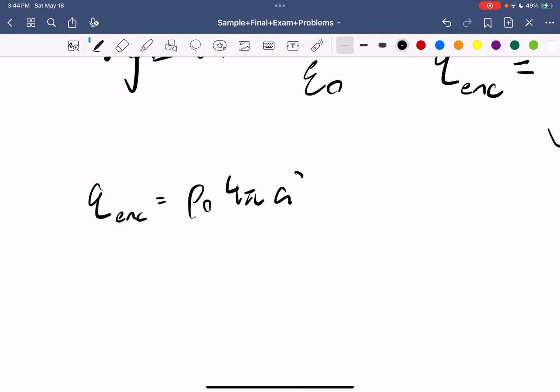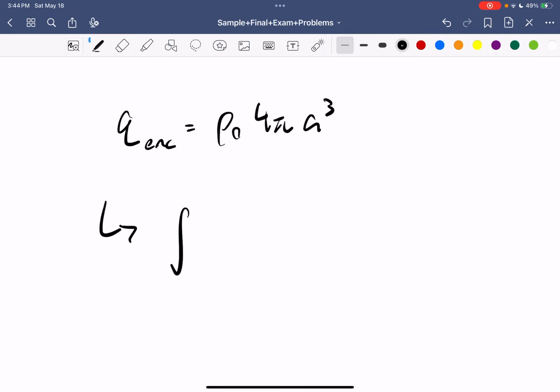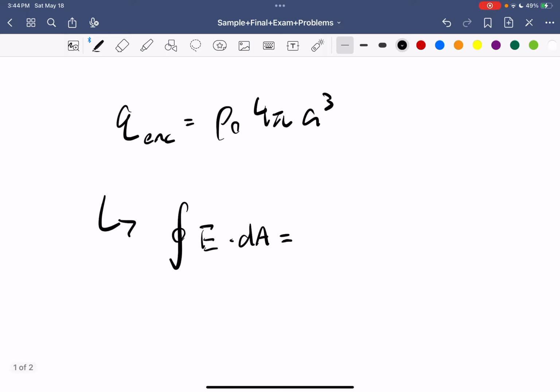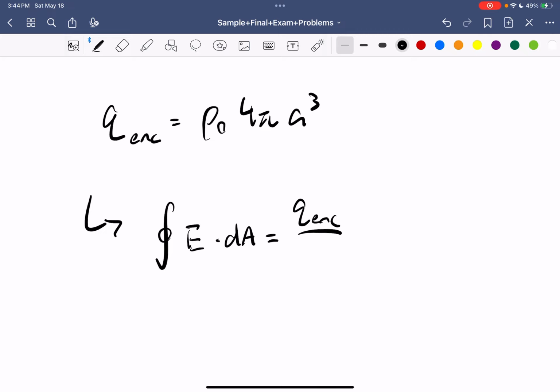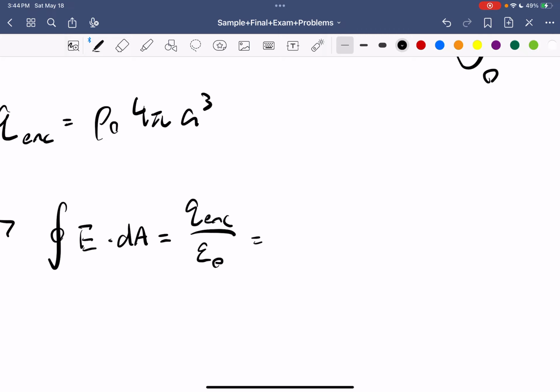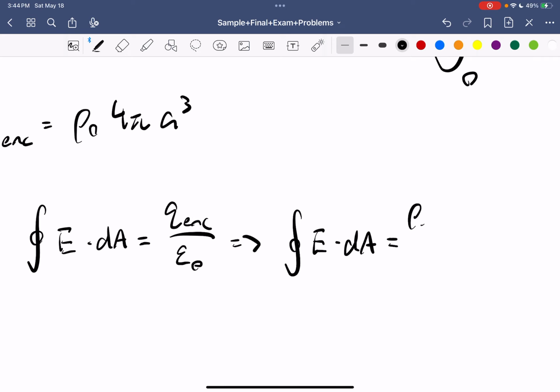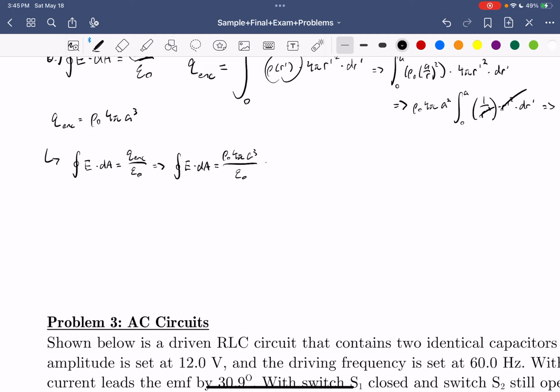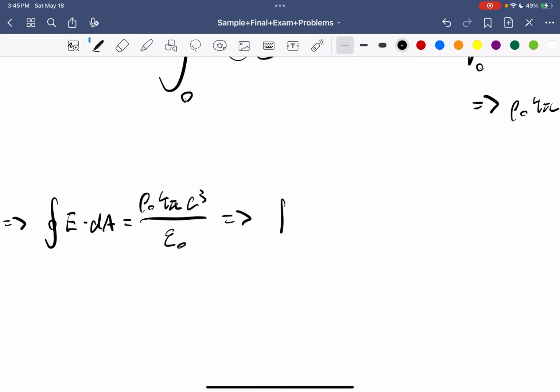Now that we have Q enclosed, we've got to plug this back into the electric field equation, or the Gauss equation, sorry. Which is going to be E dA equals 4 pi rho naught a cubed over epsilon naught, and remember that dA here again is the surface area of the sphere, 4 pi r squared.